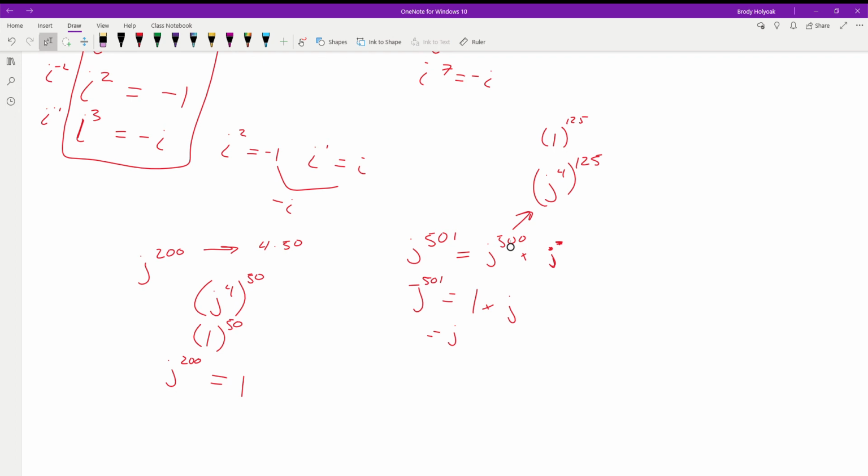We know what this value is, and if we can get this into a multiple of 4, that'll make our life a lot easier, because j of 4 reduces down to 1, and 1 to any power is 1. So that's one of the key things we can do. Separate out a value from 1 to 3, j to the 1st, 2nd, or 3rd power. Your other value you want to be able to split up into a multiple of 4. And then with that, you can solve pretty much any value that comes at you.